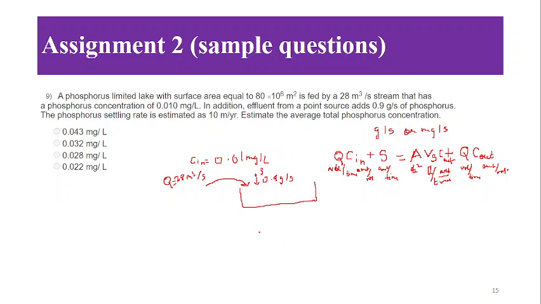So we can see that when we use this relation, we need C out here. So the average total phosphorus concentration will be equal to (Q C in plus S) upon (AVS plus Q).